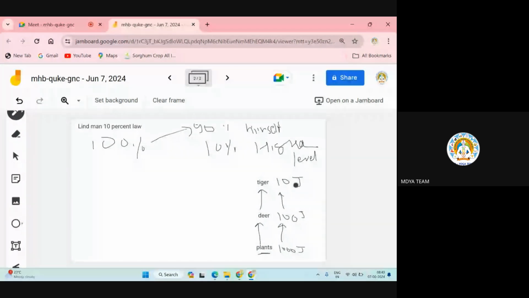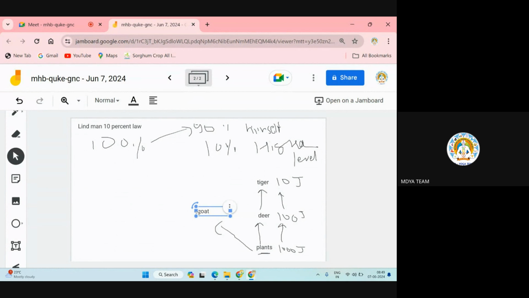But it's not like that. If everyone is vegetarian, you are directly feeding on plants, so 10% energy will directly come to you. But if you are a non-vegetarian, and any animal, for example a goat or any other animal, then you are taking energy from that animal, and it will reduce more. So it's always good to be a vegetarian from an ecological point of view also.